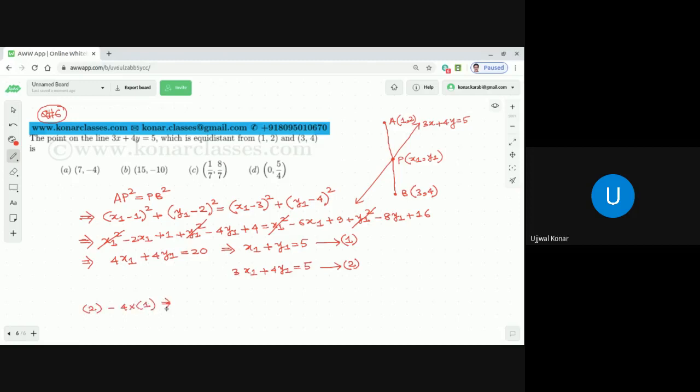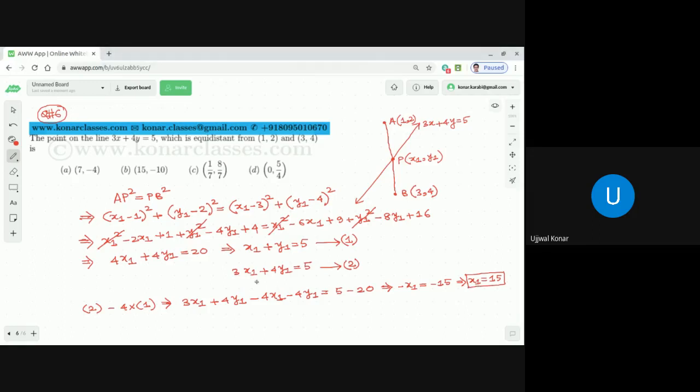Then we get 3x1 plus 4y1 minus 4x1 minus 4y1 is equal to 5 minus 4 into 5, which is 20. So 4y1 got cancelled. From here we get minus x1 is equal to minus 15, so x1 is equal to 15.